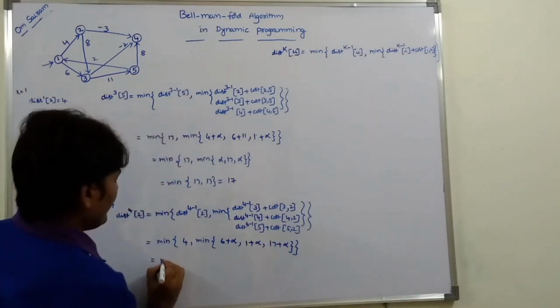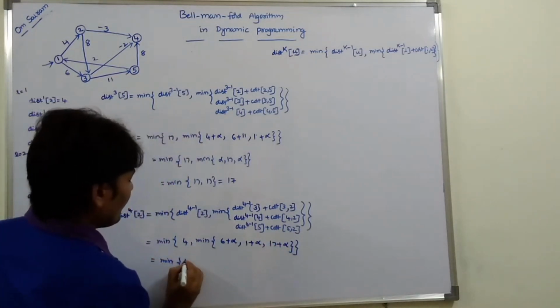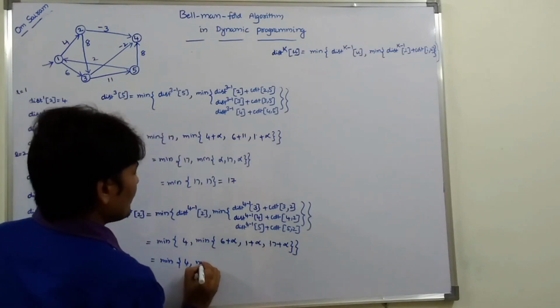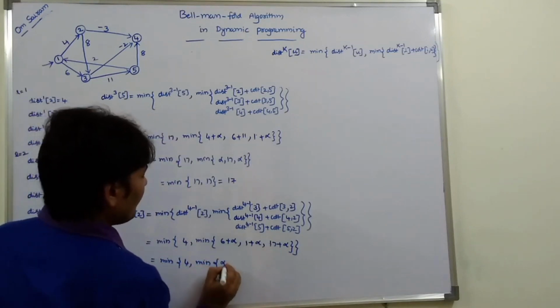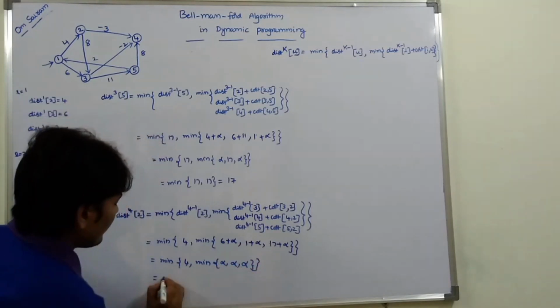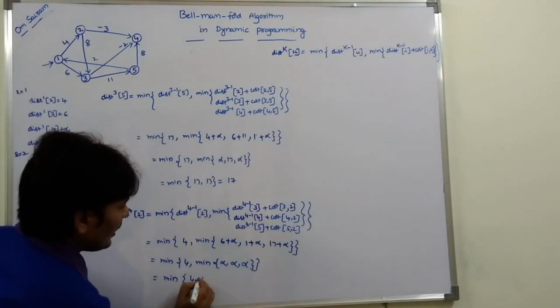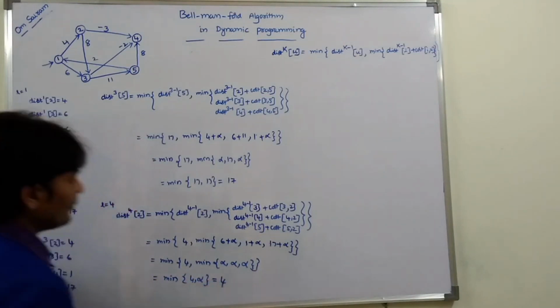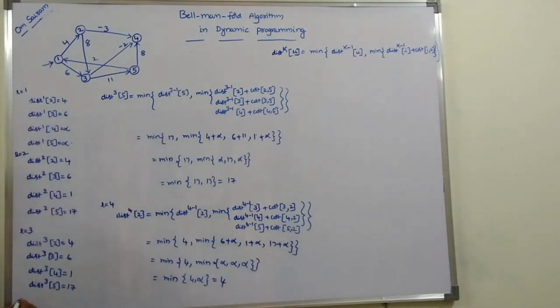So minimum of 4 comma minimum of infinity comma infinity comma infinity. So that is equal to minimum of 4 comma infinity. So that is equal to 4. So now L is equal to 4, DIST 4 of 2 is equal to 4.